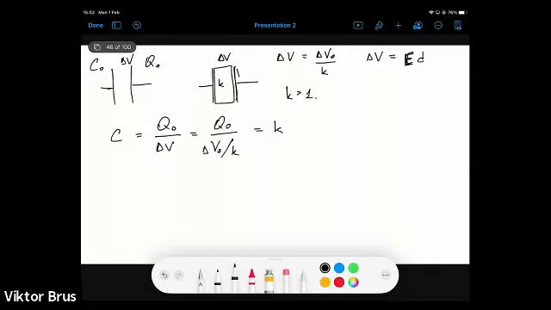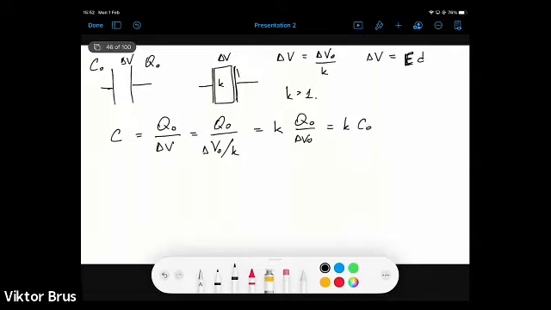And now we can write that it is K times Q naught divided by delta V naught. And this ratio is nothing else but the initial capacitance of this system, K times C naught.